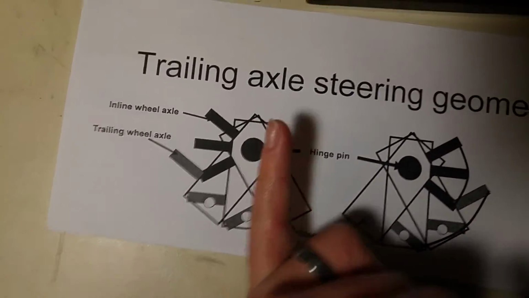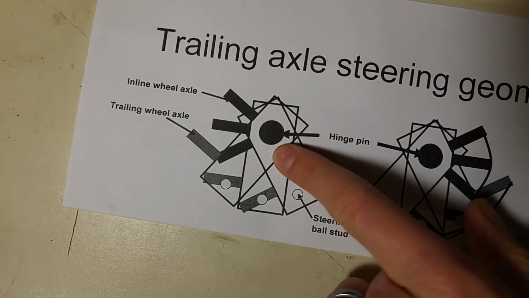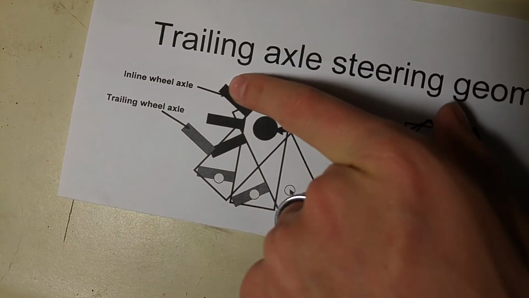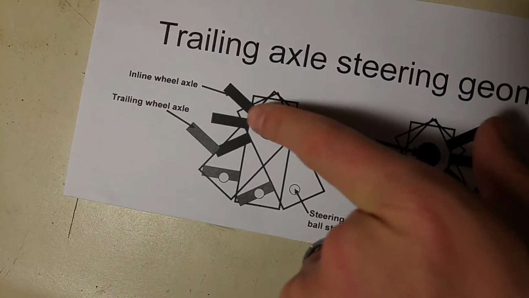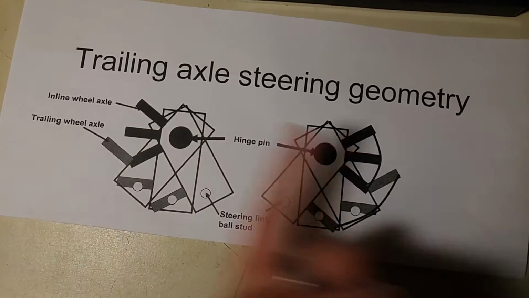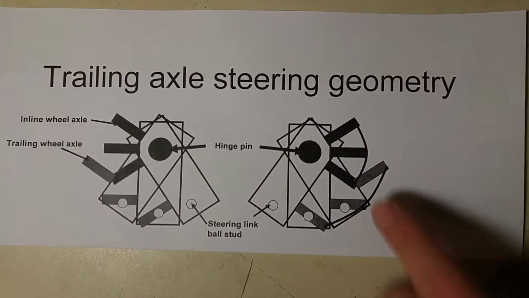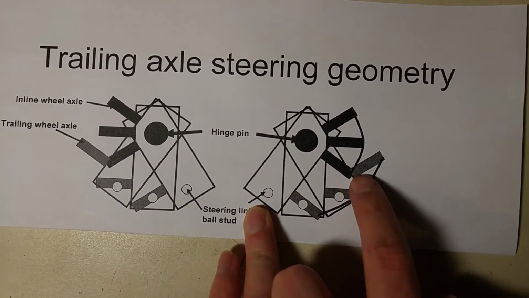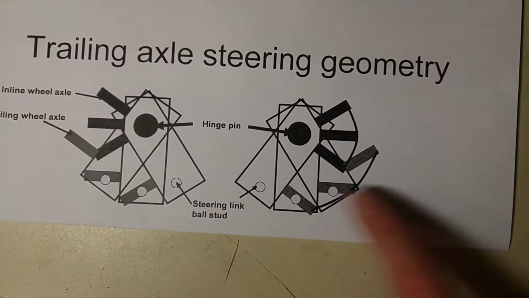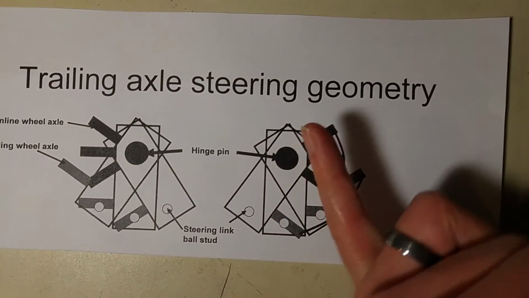So I take this figure, copy and paste it, and rotate it around this axis of rotation, and we can see what happens to the wheel axle in either case, inline and trailing axle. I just did it for the left and right sides of the car. We can then trace out the arc that the inline or trailing axle wheel axles follow under the same exact steering input.